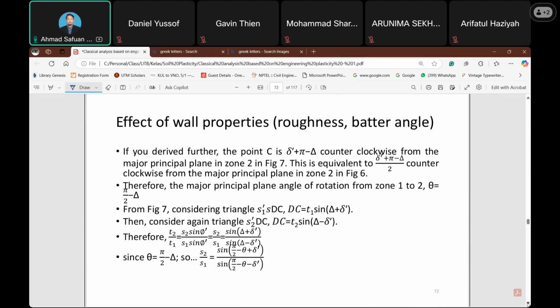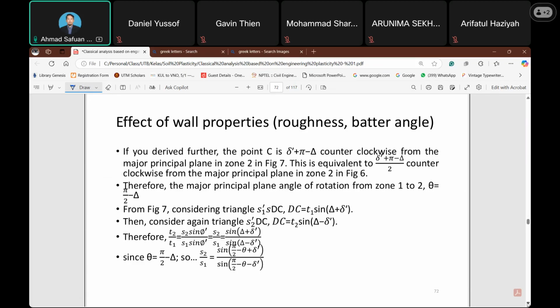Then we try to get the ratio. For the triangle S1DC, the DC is equal to T1 sine delta plus delta. Then consider again the triangle S2DC, where DC is equal to T2 sine delta minus delta.